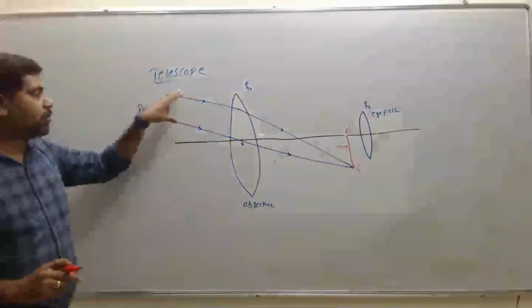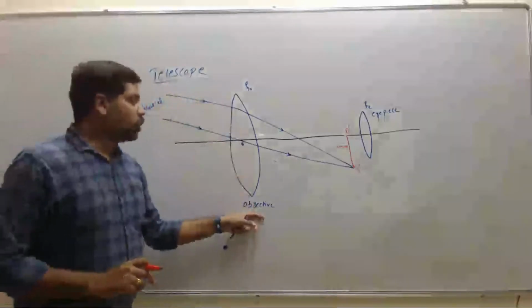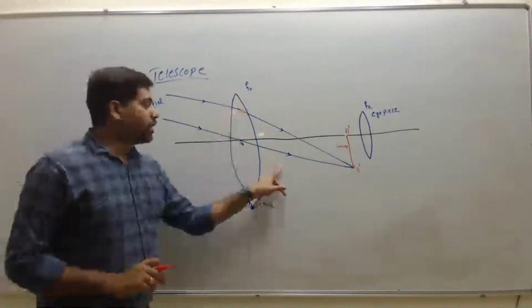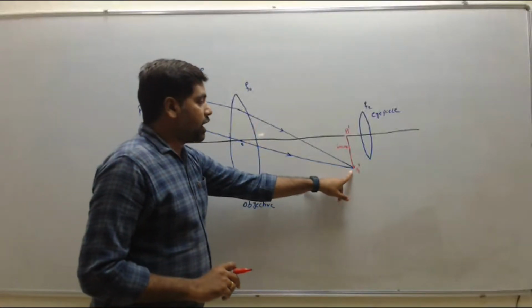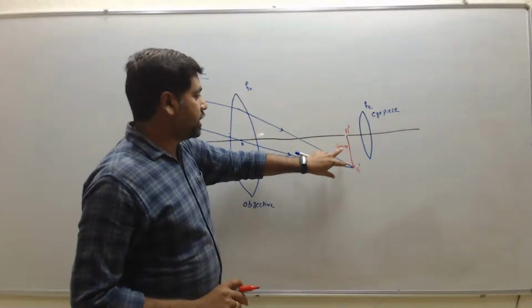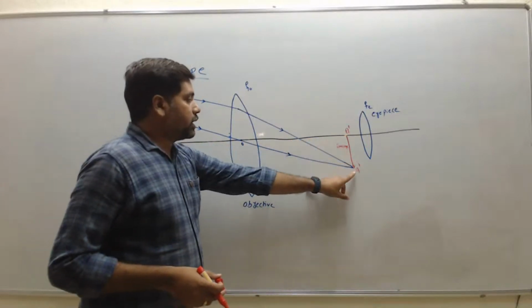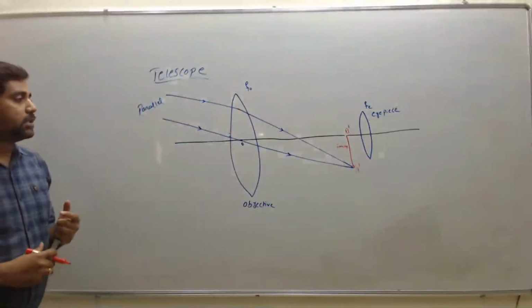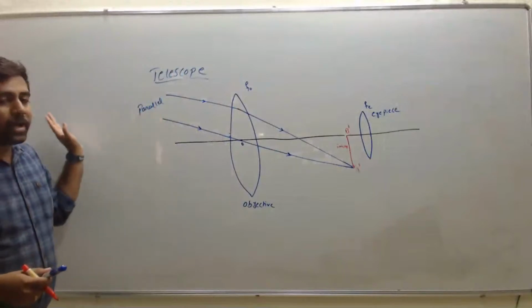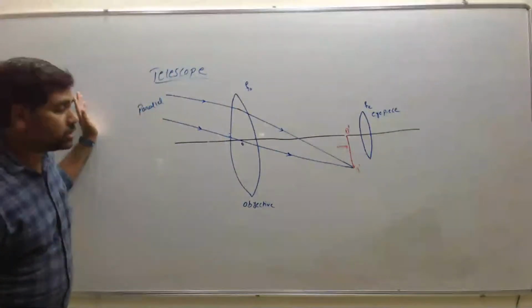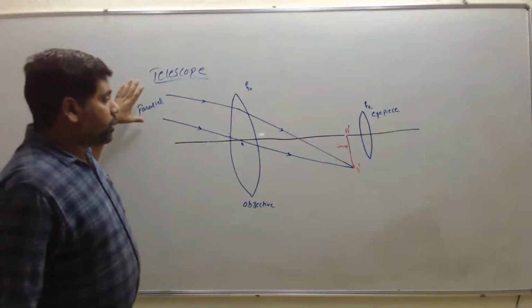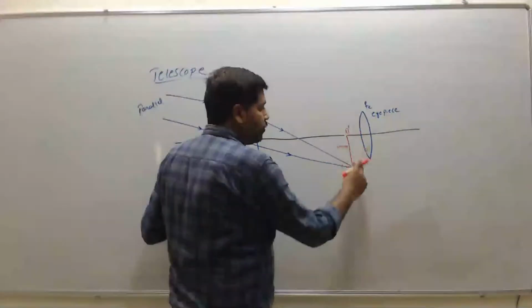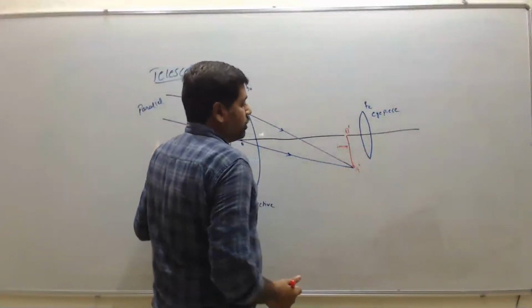The parallel beam incident on the objective is refracted and converges, and the converging point gives the image of the object. Here I have taken A dash B dash as the image, and the object is AB, which is at a far distance. From there the light rays are coming parallel, and here we get the image of the object.